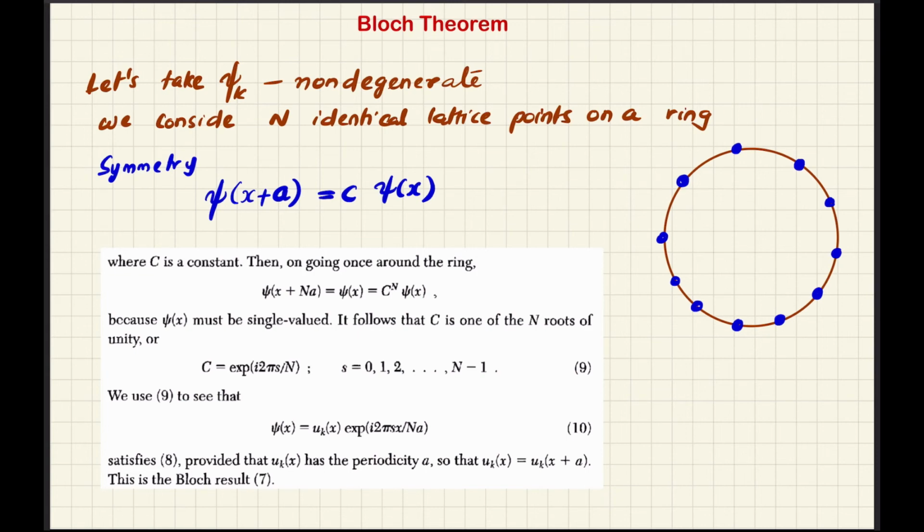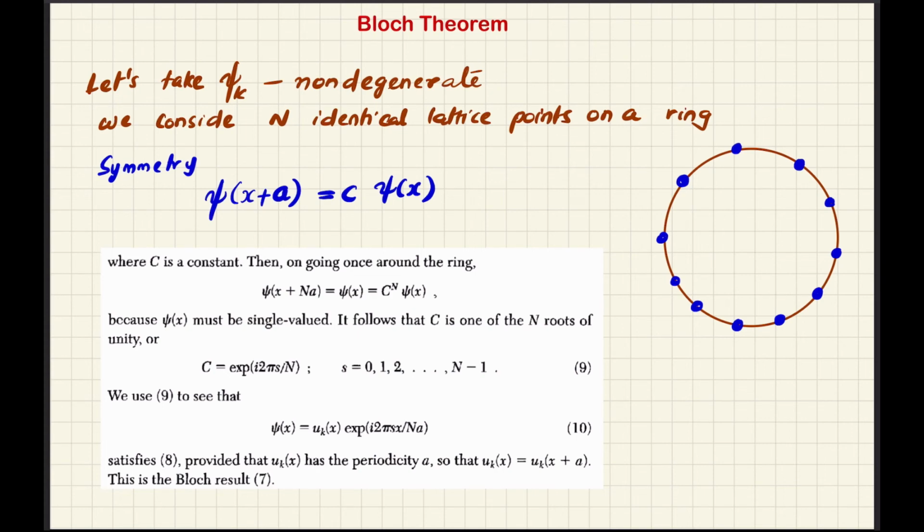Now, we consider N identical lattice points on a ring. You consider a periodic potential. In one dimension, the periodic potential can be defined using a ring kind of structure. These are all lattice points, you start from 1, and this point is N. N plus 1 will give you the first lattice point itself.